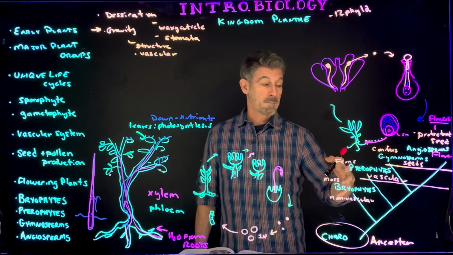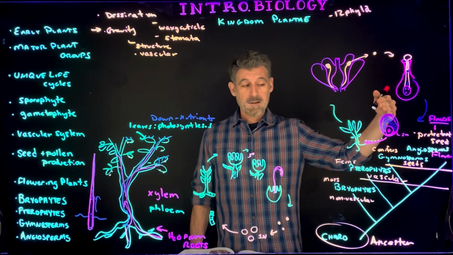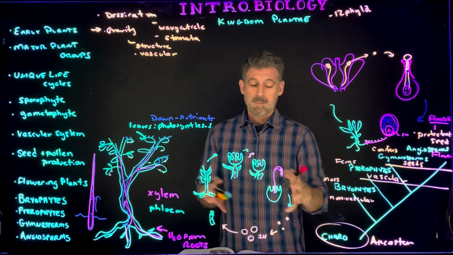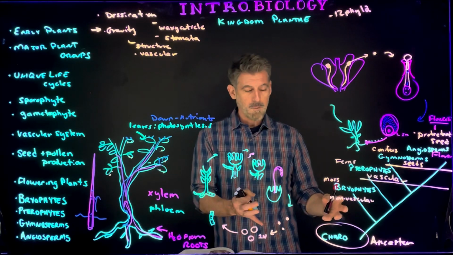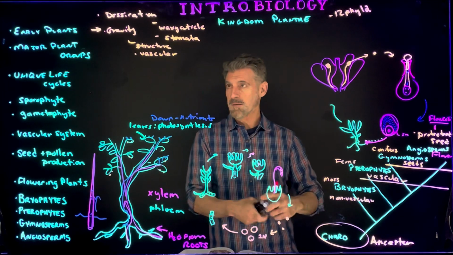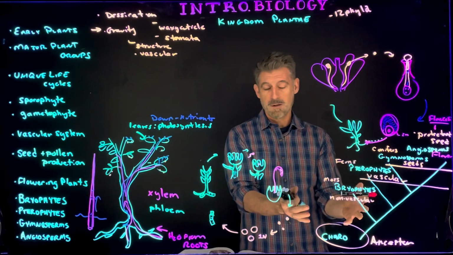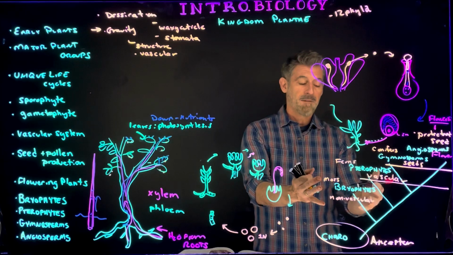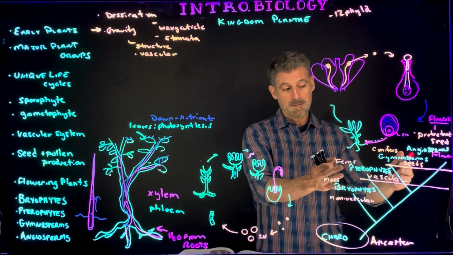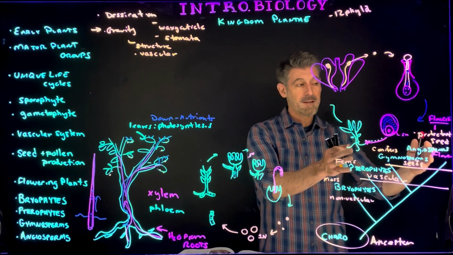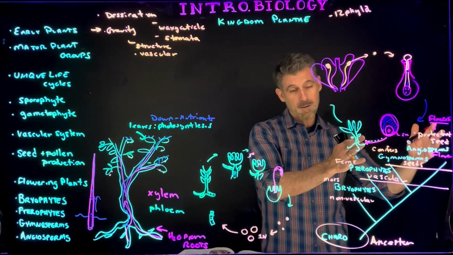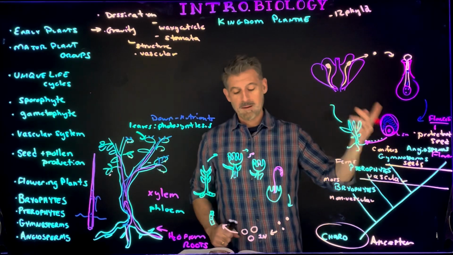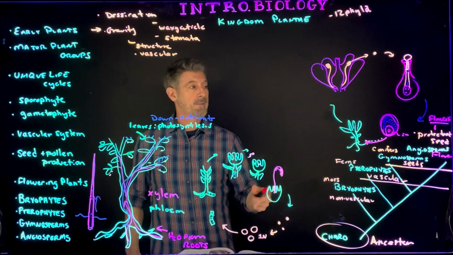And stepping through some of the major characteristics as we go through adaptation to land, multicellular, photosynthetic, all these characteristics, resistance to drying out, having a cuticle, then eventually gaining a vascular system, eventually producing seeds, and then producing flowers that can then help in the fertilization process, right?